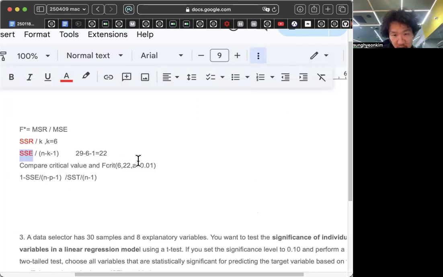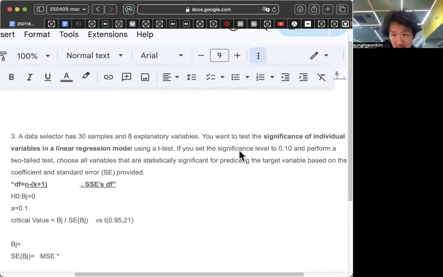Then you can compare with the critical value, which is F with k and n minus k minus 1 degrees of freedom at the significance level.